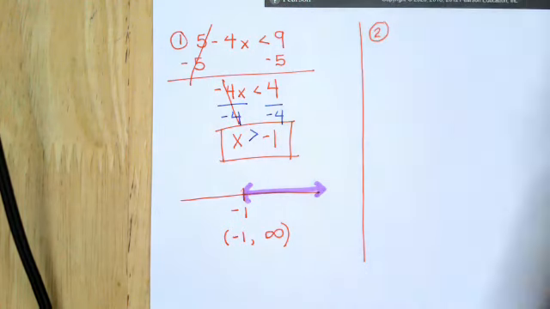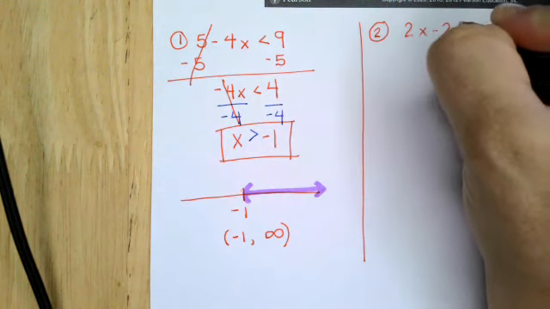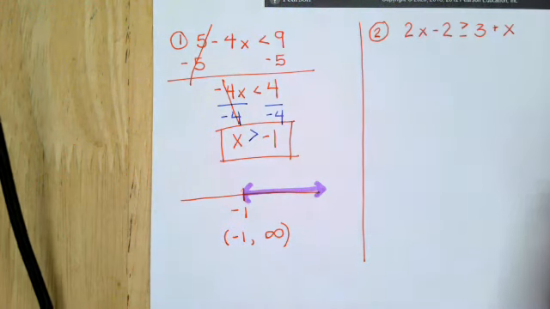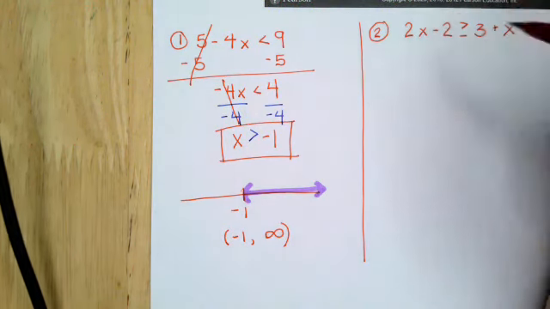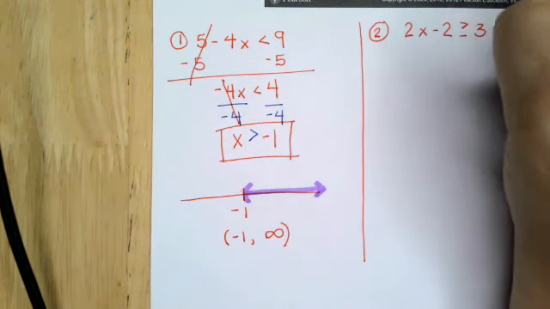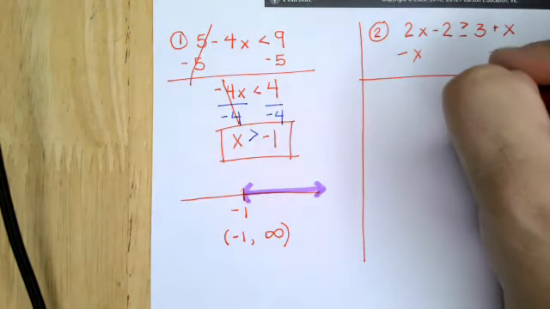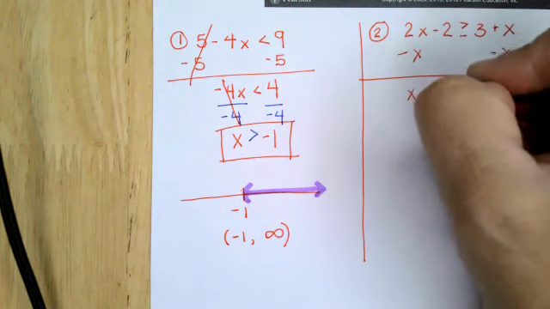All right, number 2. 2x minus 2 is greater than or equal to 3 plus x. Here, I want to isolate, but I need all my x's on one side, right? So let's subtract x. 2x minus x is just x.